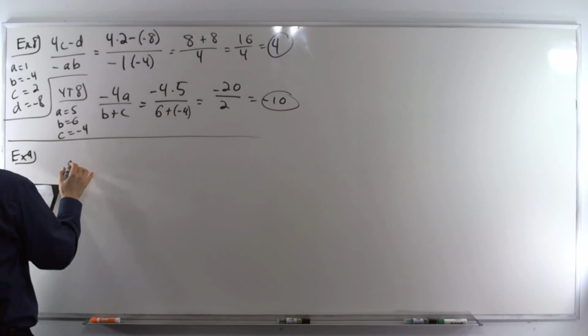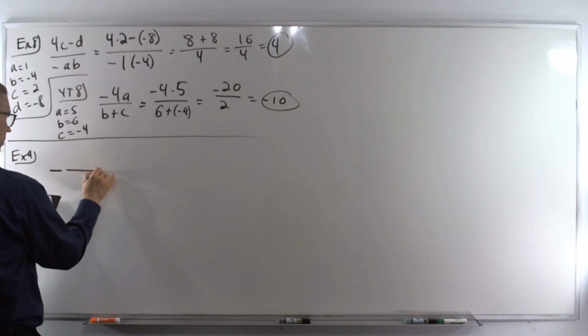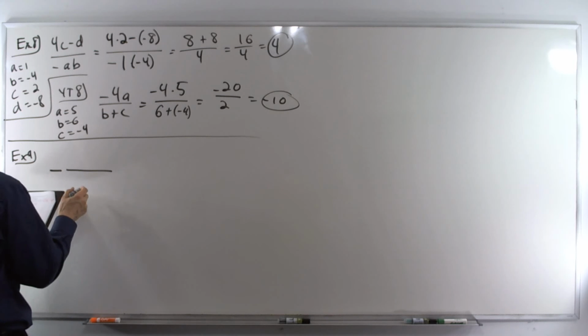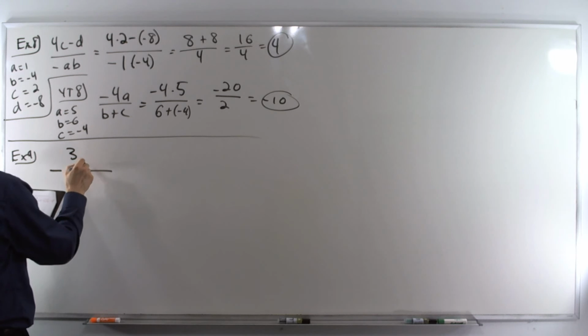Now for example 9, got a little more complex fraction here. Now we got a negative out front of the fraction. It's very easy to lose that negative. We got to make sure on each step we keep it there.